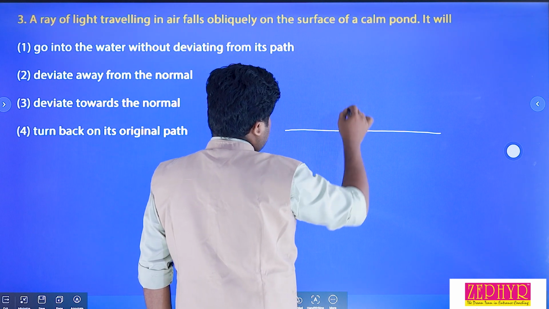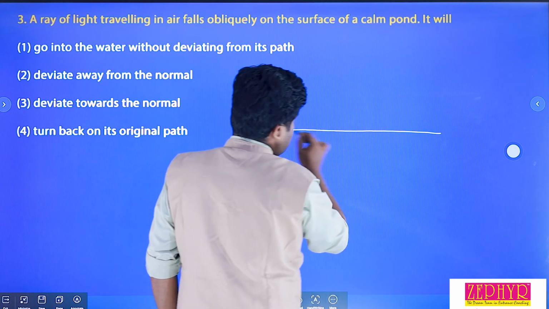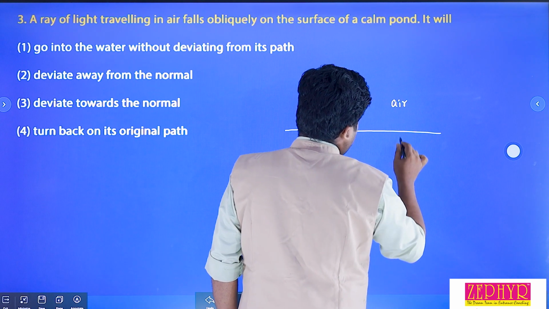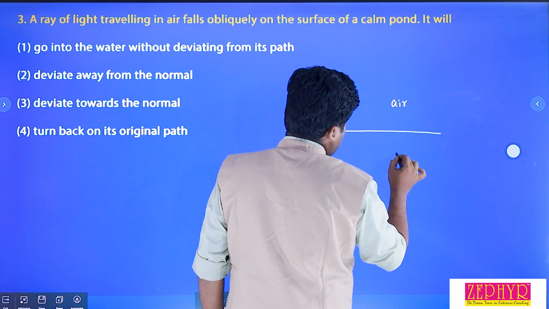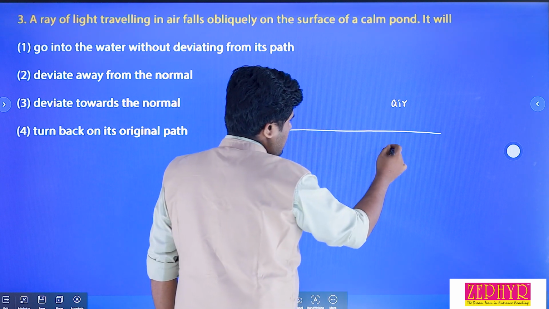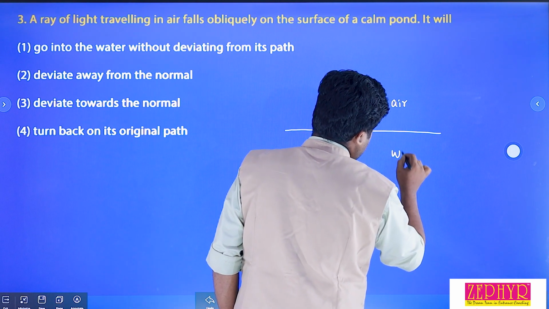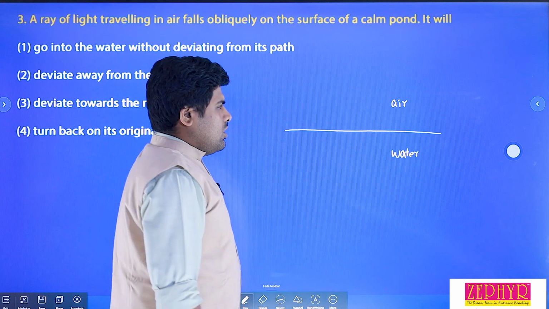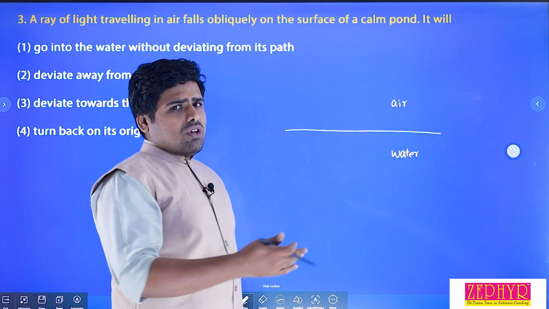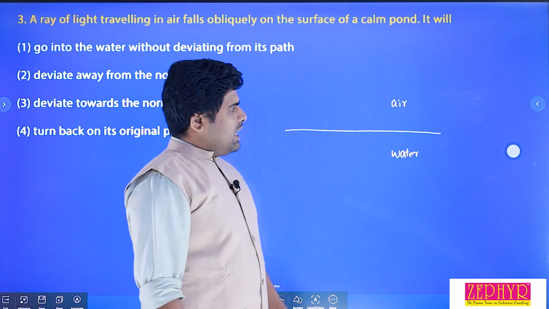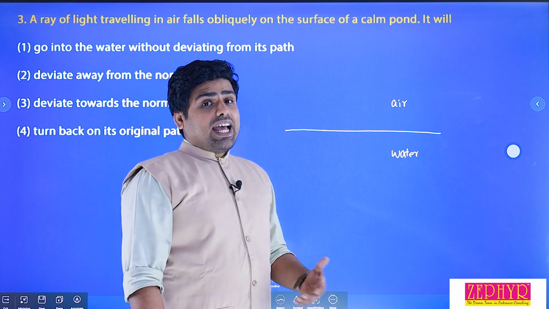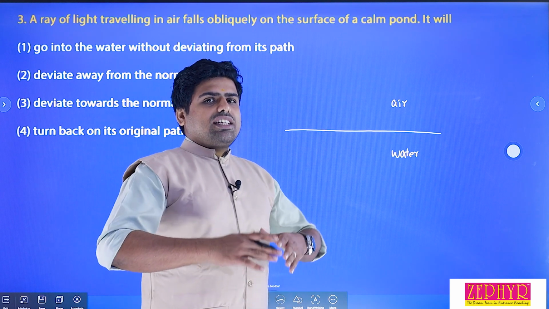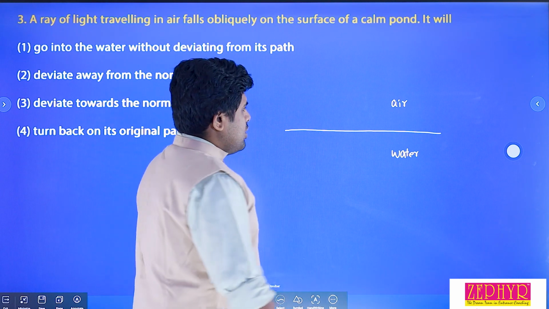The upper part is air, and the region below this line is water. Comparing the densities of the two media, air is rarer than water. That means water is the denser medium and air is the rarer medium.